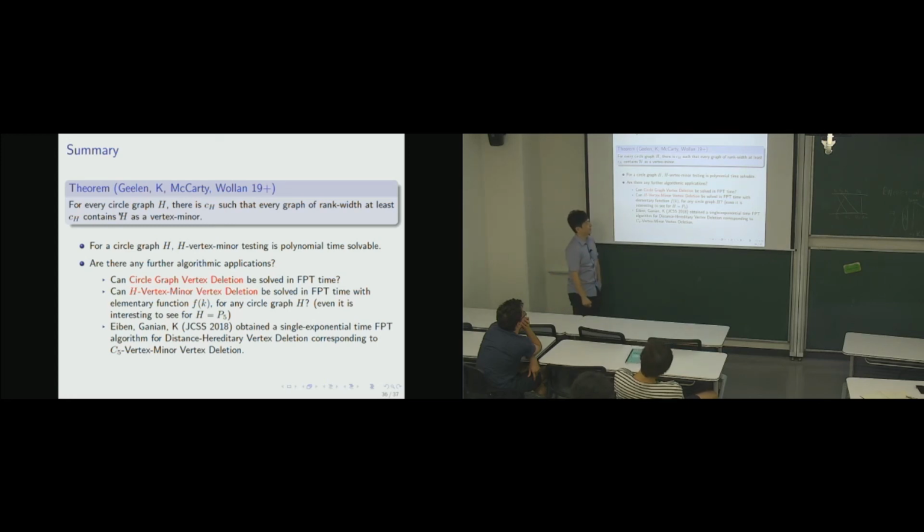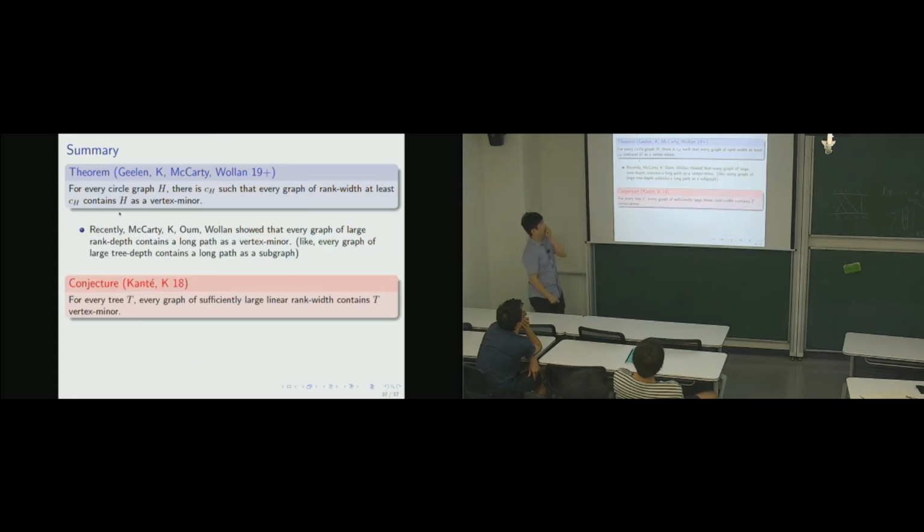And very recently, with McCarty and Paul Wollan, we devised the concept of a depth parameter of rank-width, which we call rank-depth, and so maybe you know the tree-depth of the graph. This is equivalent, and then we proved that.